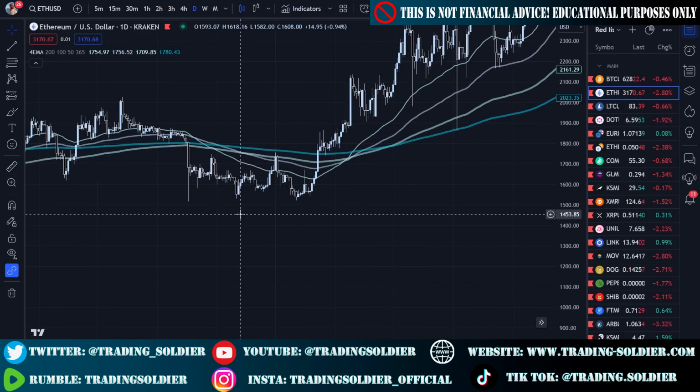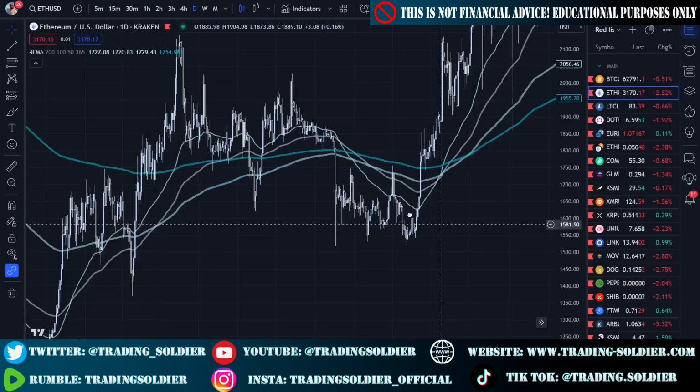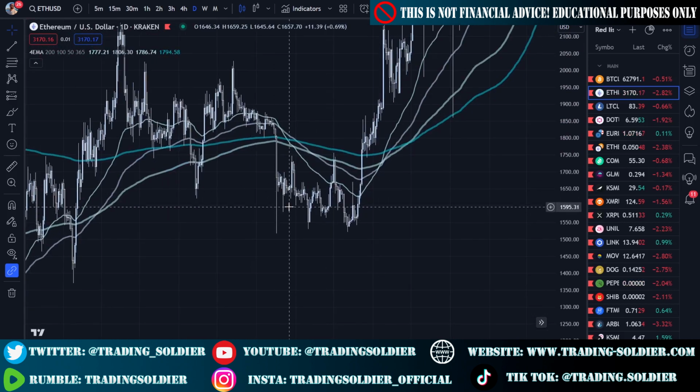Leading indicators such as volume, such as open interest, such as support and resistance, such as VPVRs, okay, such as liquidations. So you need leading indicators to take advantage of the market and enter positions as early as you can to, let's say, outperform the traders that are using lagging indicators.